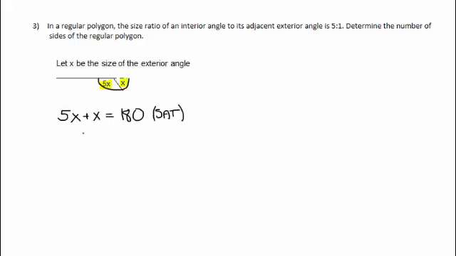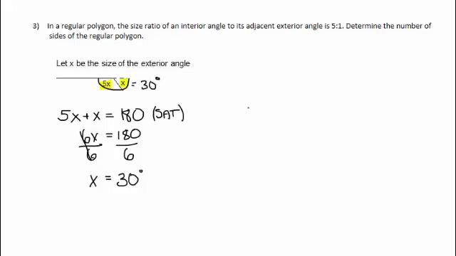Now we simplify this, so 6x equals 180. Now we can divide both sides by 6, which cancels out to x equals 30 degrees. So now we know that the exterior angle of this regular polygon is 30 degrees.